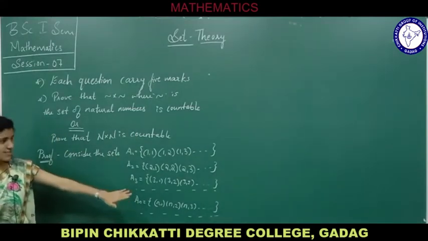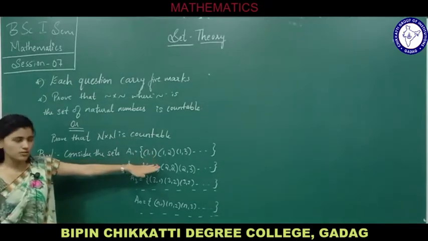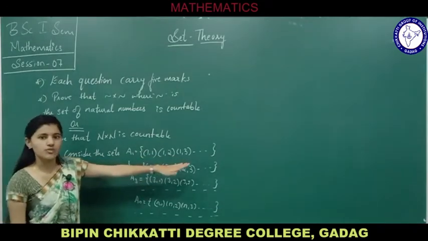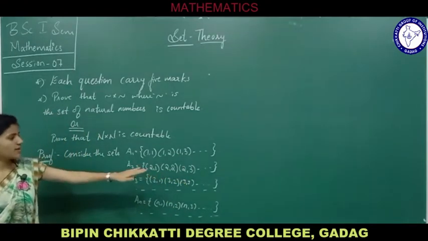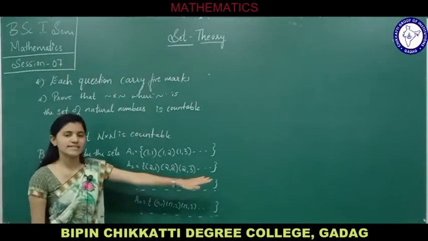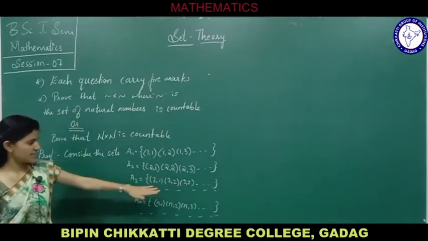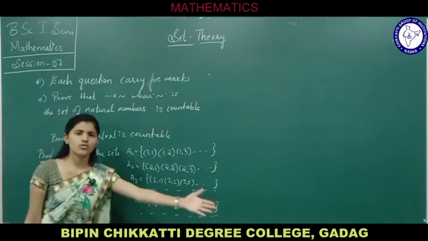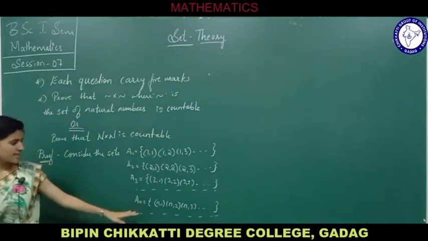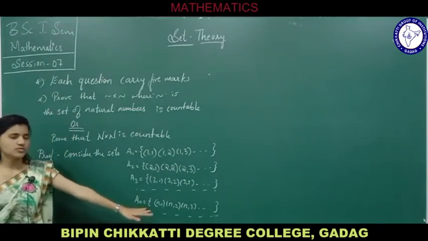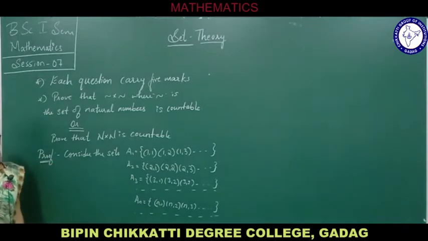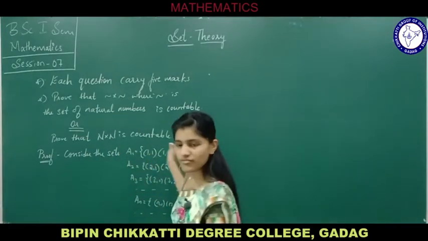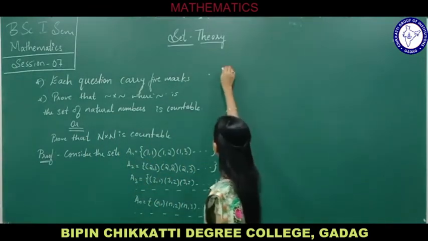How have we considered? a1 will be (1,1), (1,2), (1,3) and so on, and a2 will be (2,1), (2,2), (2,3) and so on. The same way a3, a4, a5 and so on, and then an is (n,1), (n,2), (n,3) and so on. Then what are we going to consider next? We are going to consider it as the union of these sets.